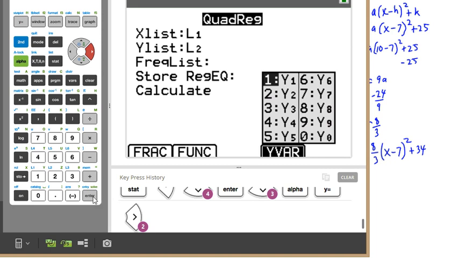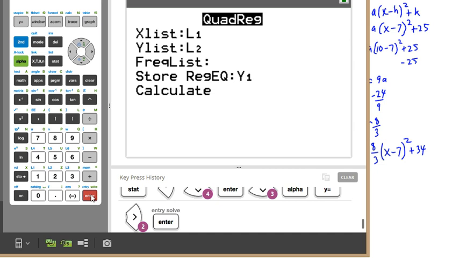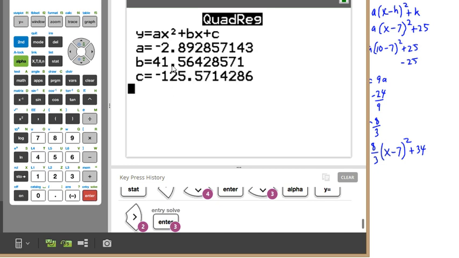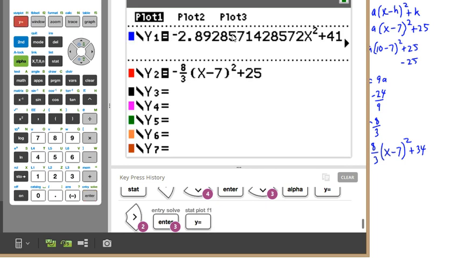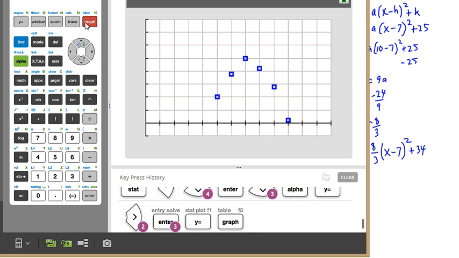We press that, press calculate one more time, and what it should do is place this calculation right where it needs to be in y equals. So there we have it. Okay, that is our equation, and that's in standard form. So let's see what the blue one looks like in this instance.